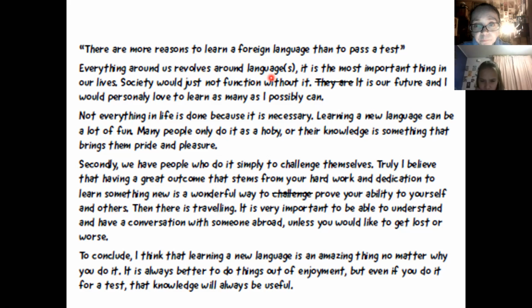Secondly, linkers are also a cohesive device because we have one idea and then we make the text whole by adding another idea, with words like unless, moreover.